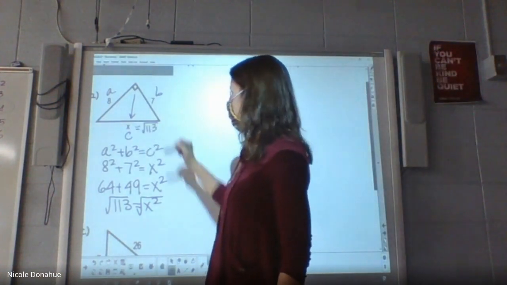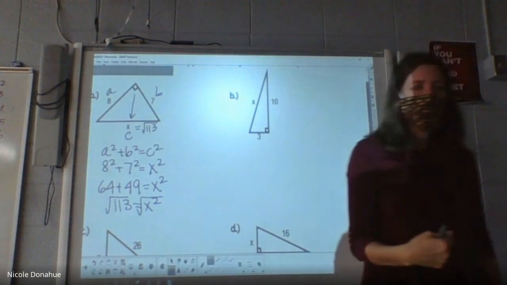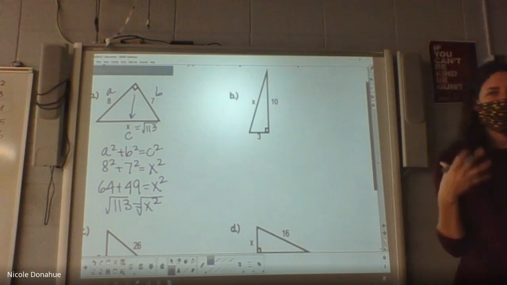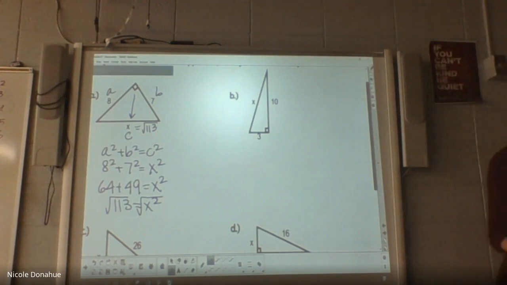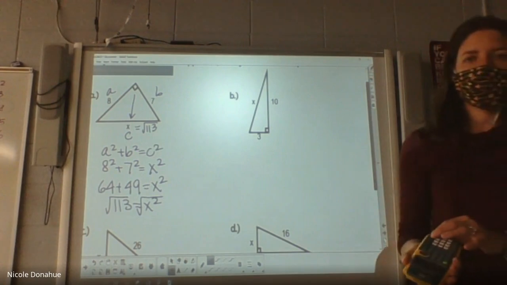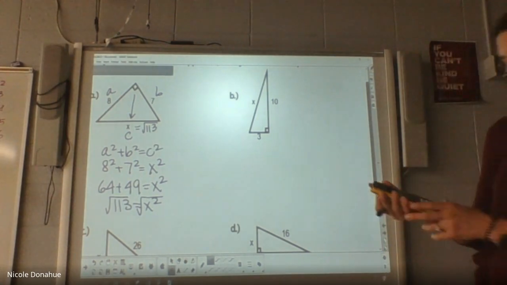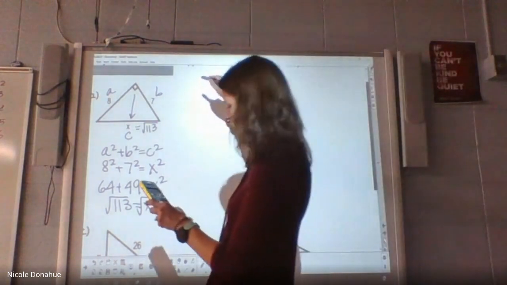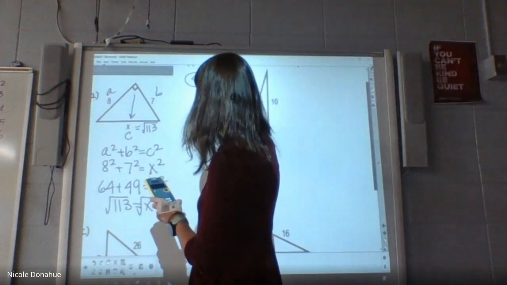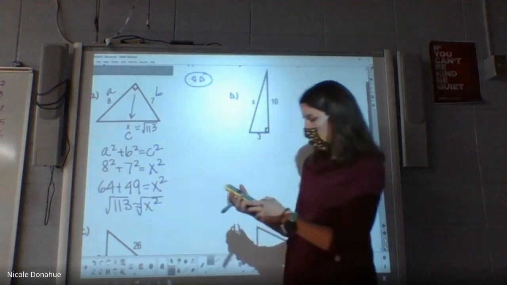Now, if you're like, yikes, that just doesn't make sense because that's a really big number, if you actually take the square root of 113, it's going to be about 10 point something. And those of you who have the fancier calculator, if you're ever wondering for that decimal value, you hit the little button that looks like this.